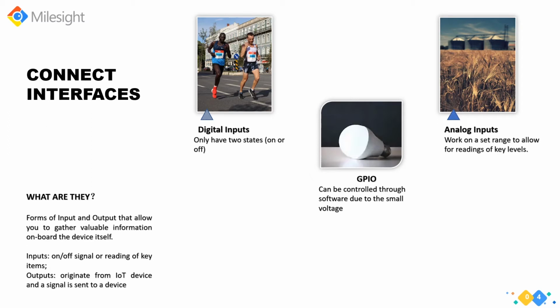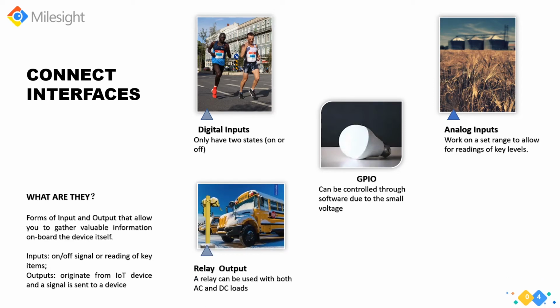So due to the small voltage, usually the GPIO interface is used to trigger a component instead of directly connecting with a sensor. So usually we don't connect the GPIO interface with a sensor.